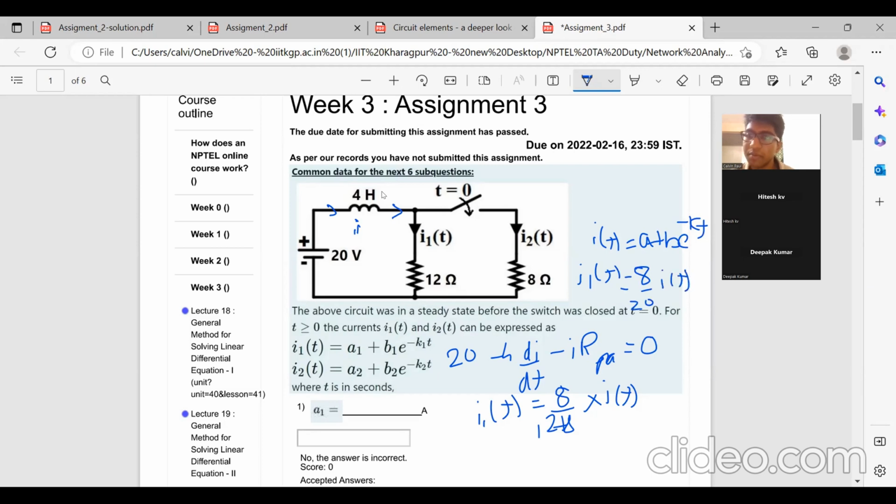What does this mean? I am just multiplying I of t by 0.4. If I multiply I of t by 0.4, I will get I1 of t. So you know this A and you know this B. So this A1 will be 0.4 into A and B1 will be 0.4 into B.